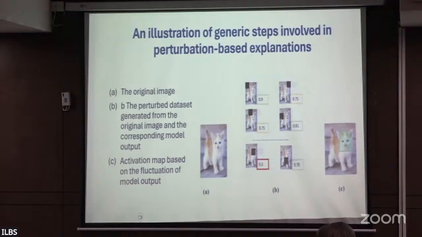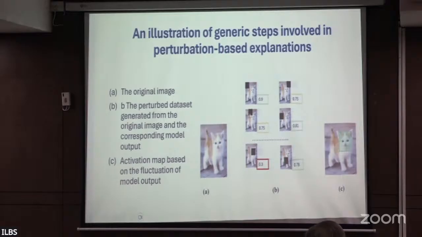Where the prediction is very low, it means the portion of the image that is missing is the reason the model is not giving the proper output. Then the interpretation is that the portion was the most important portion of the image, because the missing portion gives a very low probability of prediction.